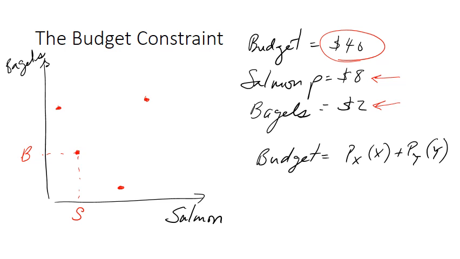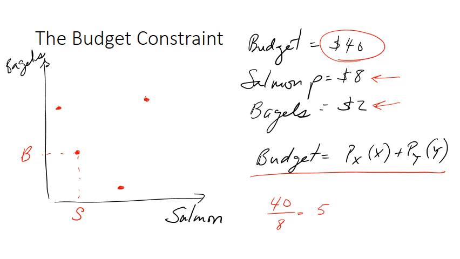Mathematically, you can express the budget constraint like this. That'll help you out if you're interested in some of the stuff in chapter 10, appendix. But in real common sense terms here, the easiest way to start seeing which bundles you can afford is to take your budget and divide it by the price of one of your goods. Let's divide it by the price of salmon.